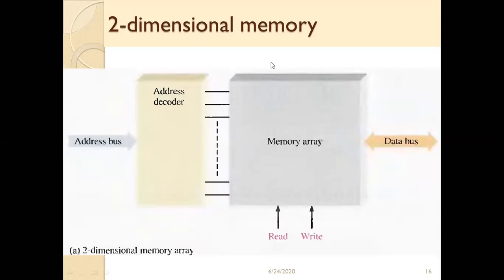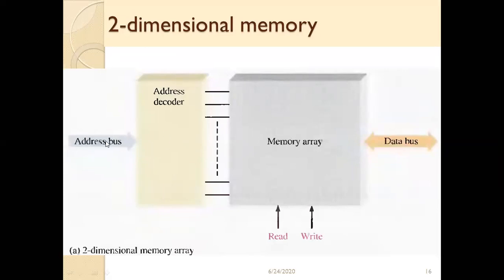Here two-dimensional memory means that I will give just the row address, or just the column address, but I will not give both the row and column address. So here the original memory cells are in this block, and I want to give an address to a specific location.